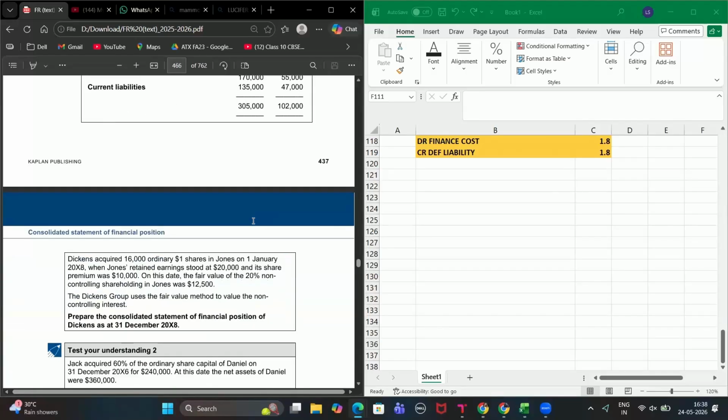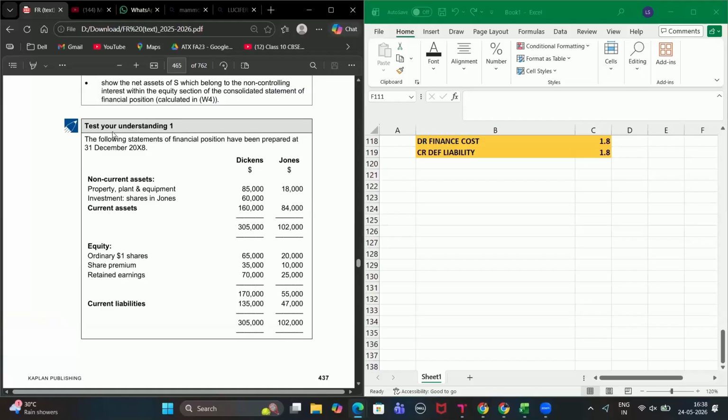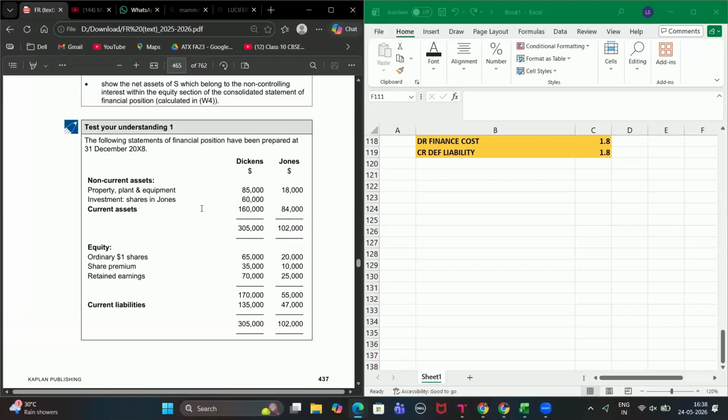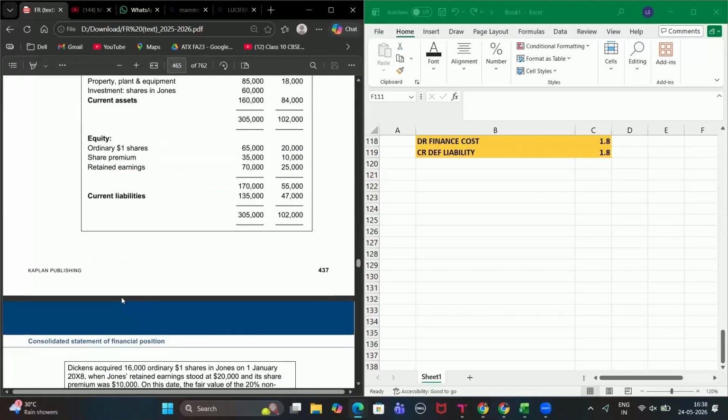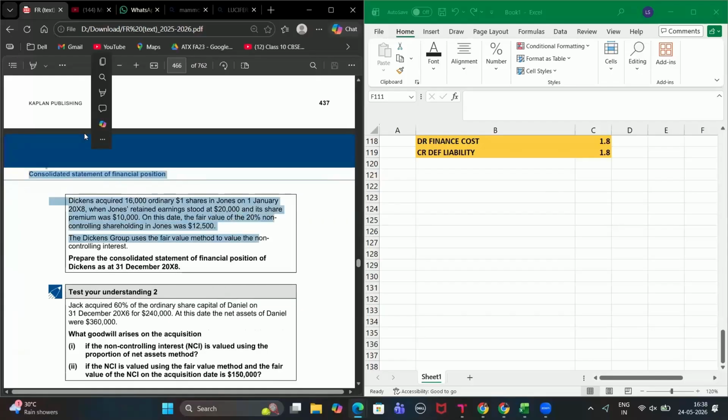See, the following statements of financial position have been prepared at 31st December 20x8. So we can see non-current assets, current assets, equity, liabilities, etc. So let's read this out.